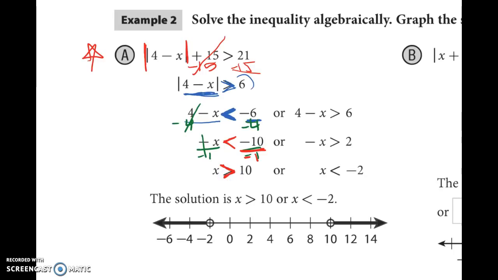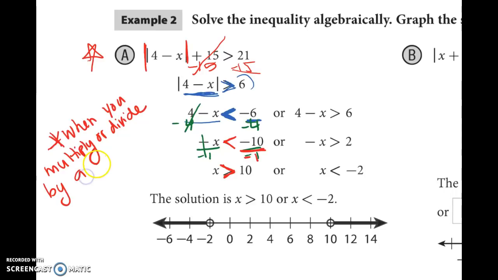So anytime you multiply or divide by a negative, in fact, I'm going to write a little note to myself here. I'm going to write, when you multiply or divide by a negative number, flip the inequality.